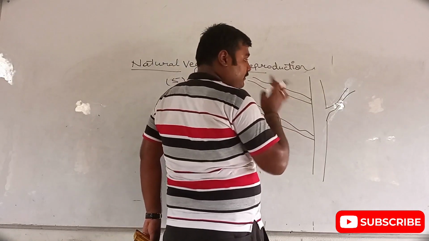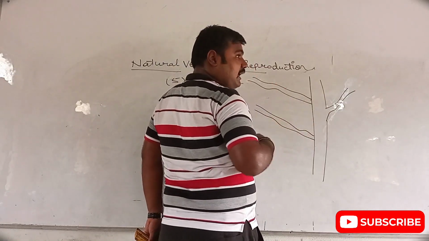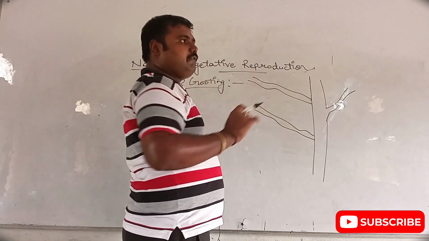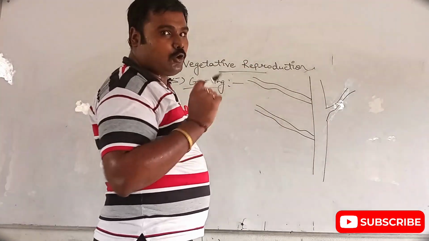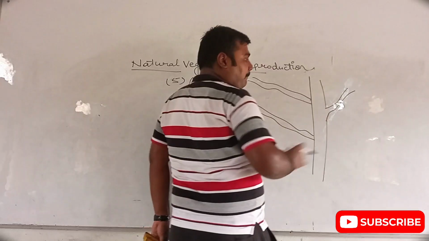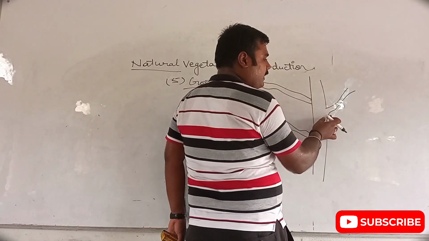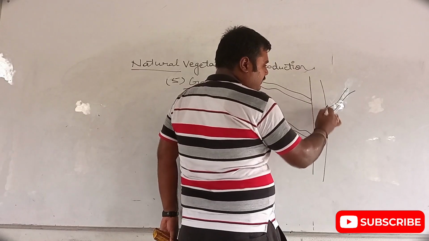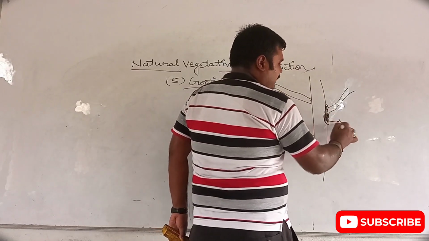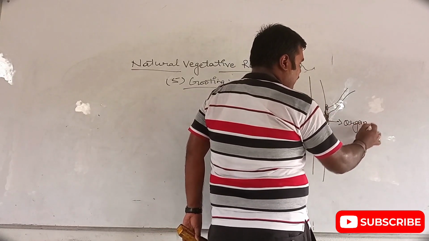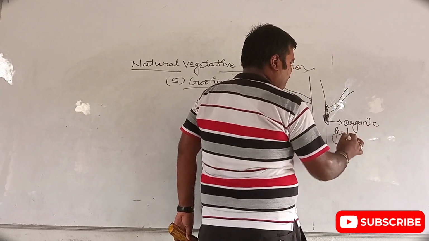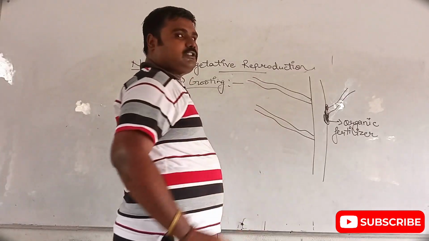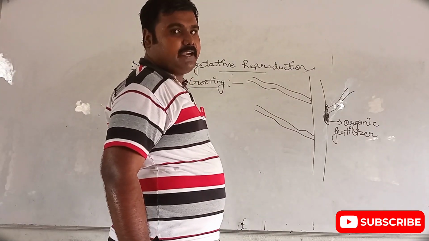But this time it is not given any type of wetness in the cloth. Think about grafting. We were tying it with the wet cloth. But here the branches which are attached are layered with organic fertilizer, but the wet cloth is not tied above it.